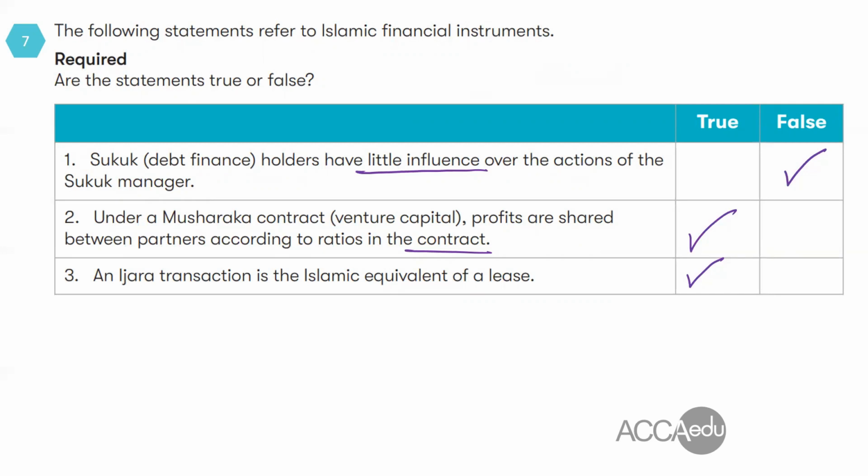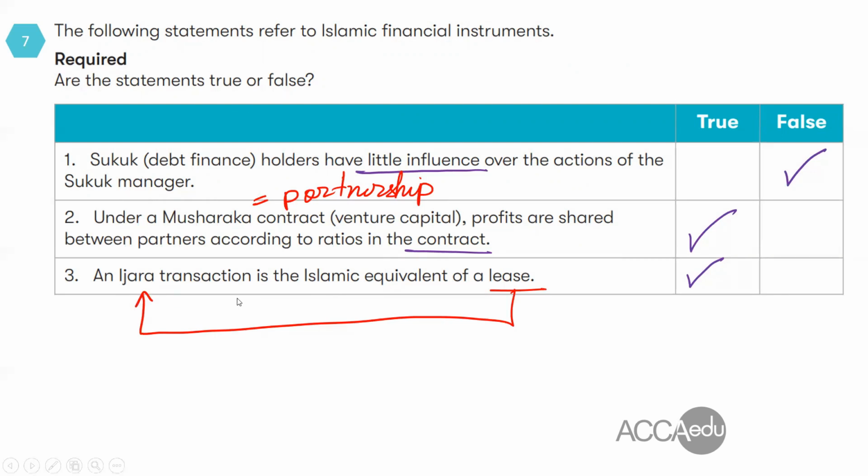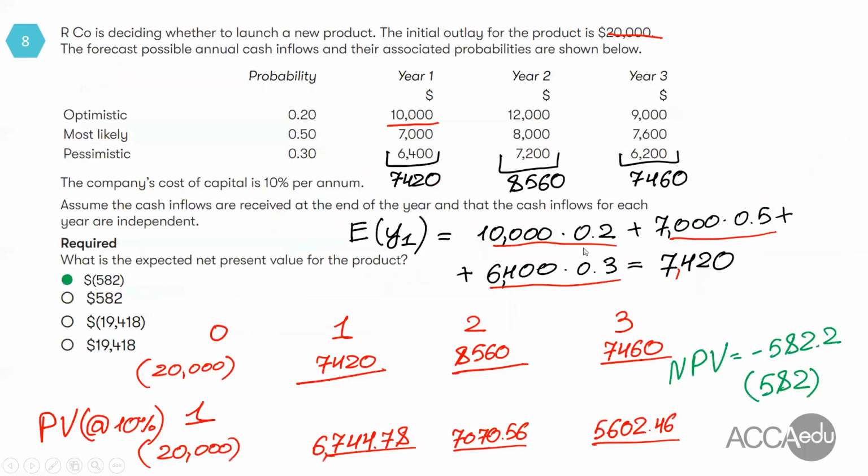Second, under a Musharaka contract, profits are shared between partners according to the ratios in the contract. This is exactly true because Musharaka means partnership, actually. An Ijara transaction is the Islamic equivalent of a lease. Exactly. Ijara is the equivalent version of traditional leasing. So the last 2 are true, and the first statement is incorrect.